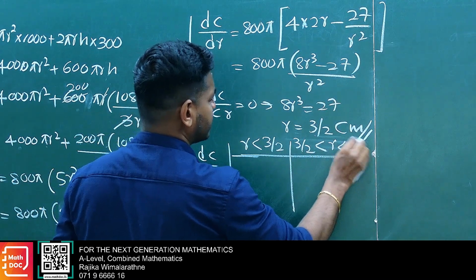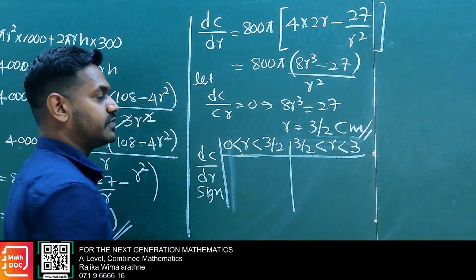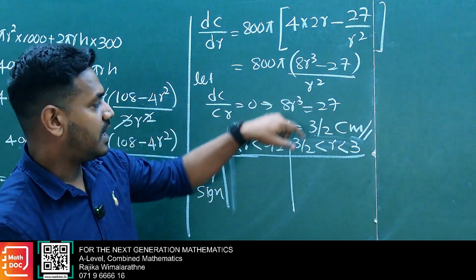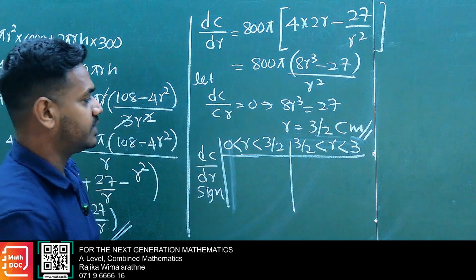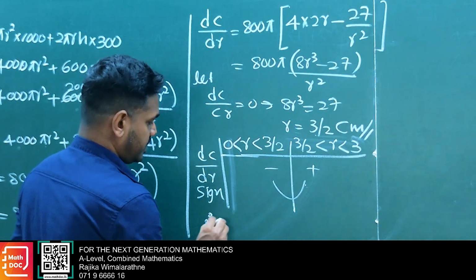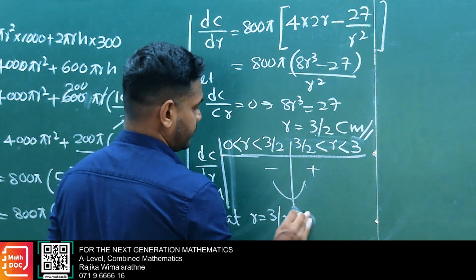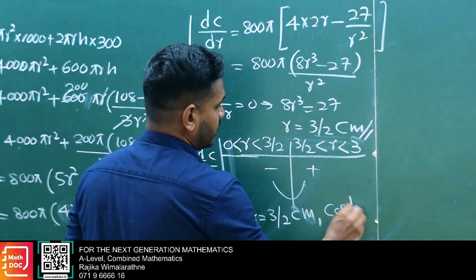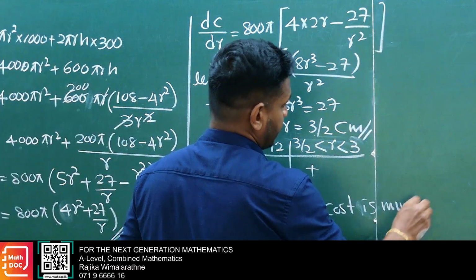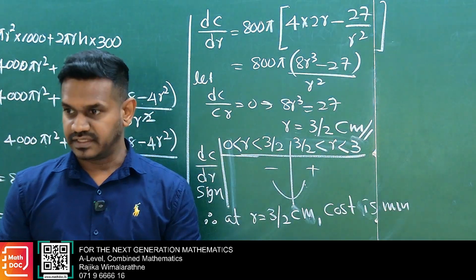Here r is not more than 3 and not less than 0, so r is in the region between 0 and 3. When r is less than 3 over 2, it is negative, then positive: negative to positive, minimum. Therefore at r equals 3 over 2, the cost is minimum. Okay, then you go to 2013.